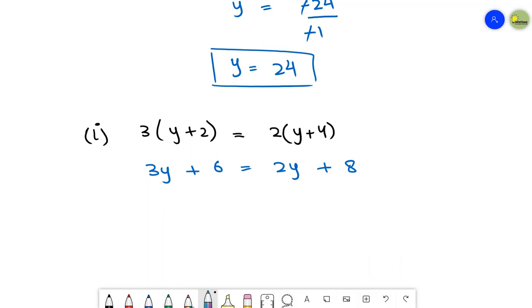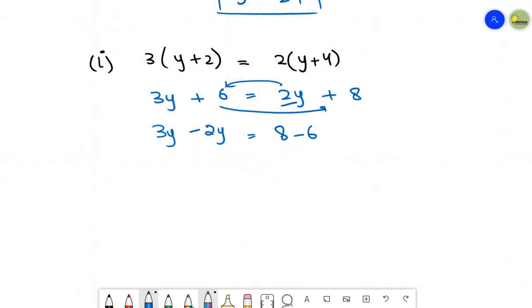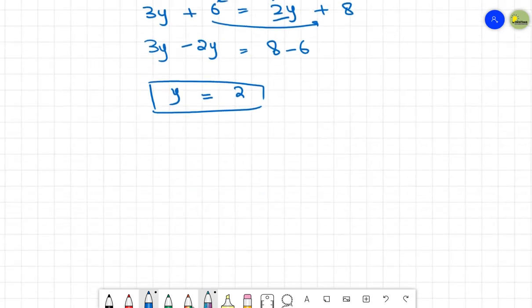It will be 3y minus 2y. 2y will be shifted here, it becomes minus 2y. And plus 6 will be shifted there, it becomes minus 6. 8 minus 6. 3y minus 2y gives you y, and 8 minus 6 gives you 2. So y equals 2 is going to be the answer.